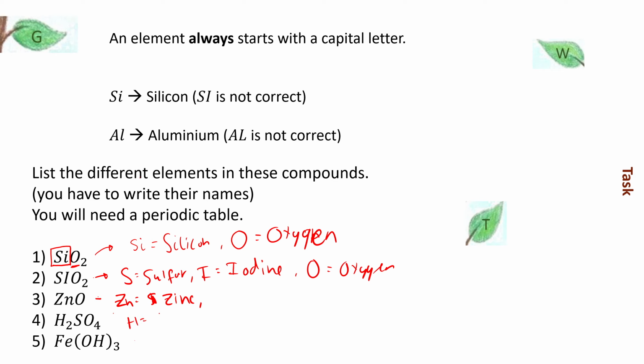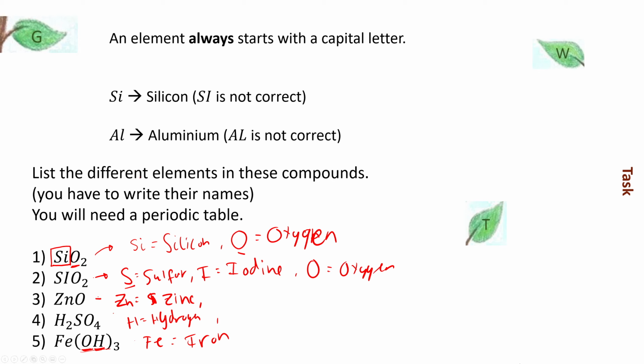H equals hydrogen. S equals sulfur, which we've done before. O equals oxygen, which we've done before. Fe equals iron. Now it doesn't matter that these are in brackets just yet, but you know that there is a capital O, so that must be oxygen, and a capital H, so that must be hydrogen.